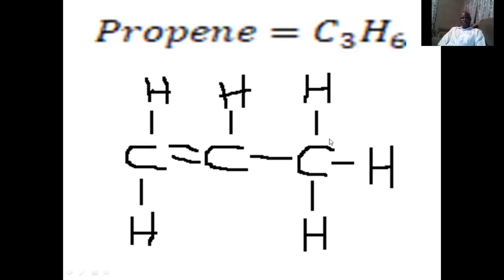So around this one there should also be 1, 2, 3, 4. And then you put the 6 hydrogen atoms. So this double bond position does not matter. If you brought it to this side, you start from the other side where the carbon is ending to have the same name.